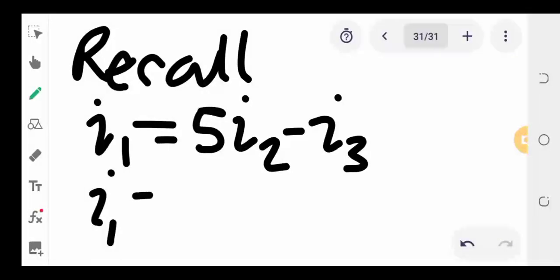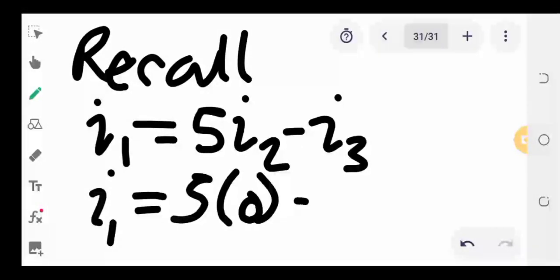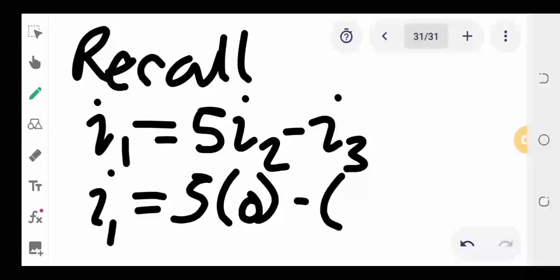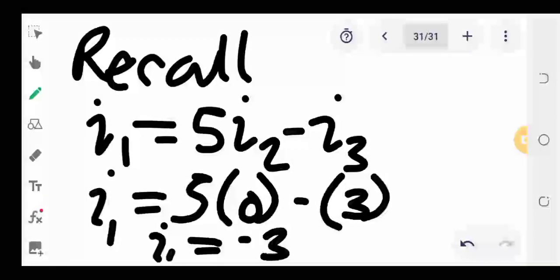So my I1 is equal to 5 times 0 minus my I3. My I3, the one I've gotten previously, is 3. So I'm arriving at an answer: I1 is equal to negative 3.